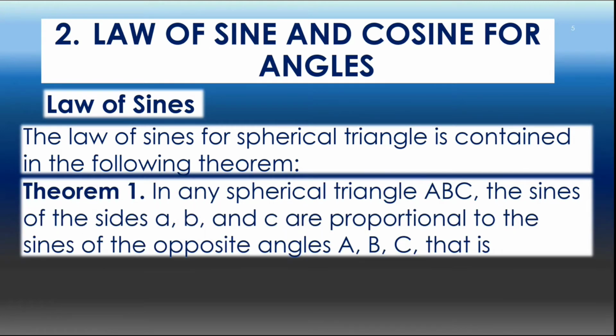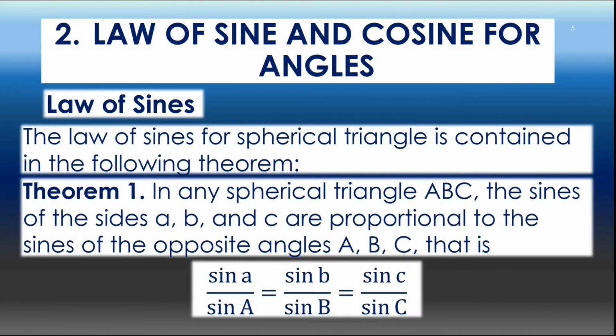The first theorem: in any spherical triangle ABC, the sines of the sides A, B, and C are proportional to the sines of the opposite angles big A, big B, and big C. That is, sine of side A over sine of angle A equals sine of side B over sine of angle B equals sine of side C over sine of angle C.